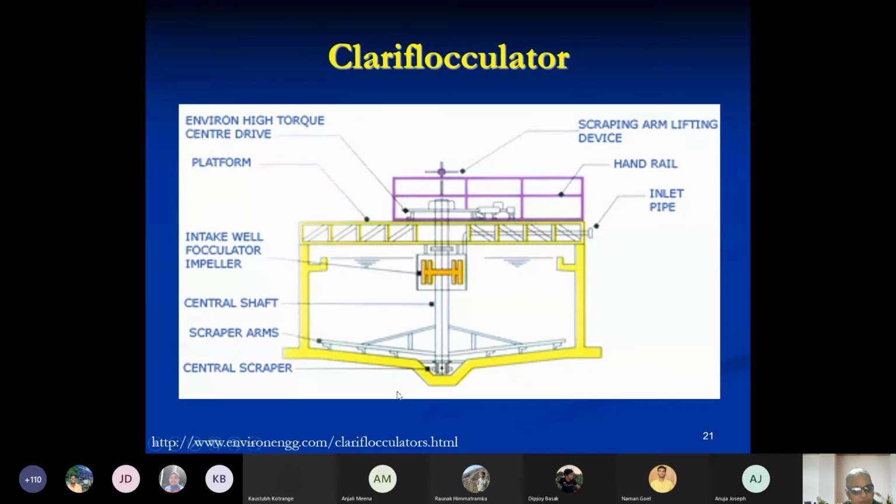So the central shaft is moving at the same rate. RPM is the same, but as you move away from the center, the velocity is increasing. Yes. The velocity here will be much less as the tip of the, now there are two things, I haven't explained this.